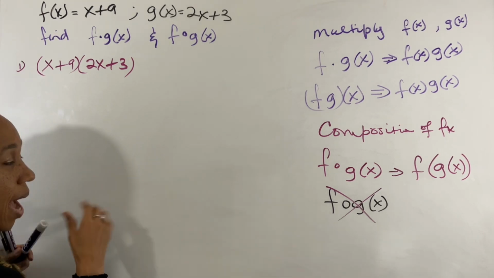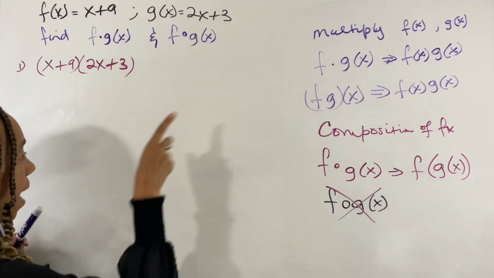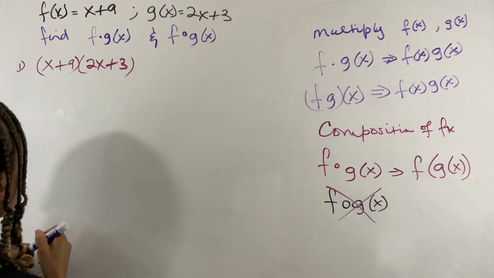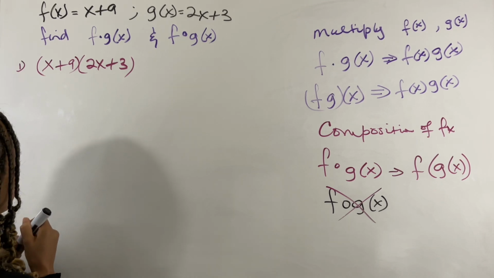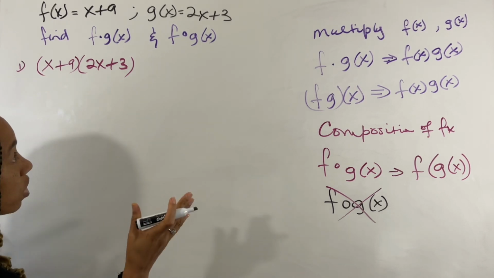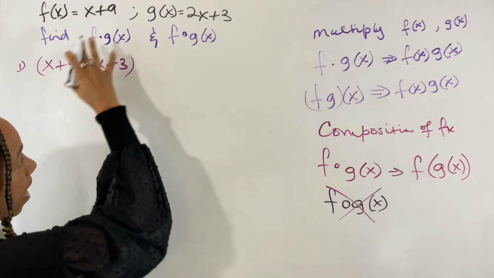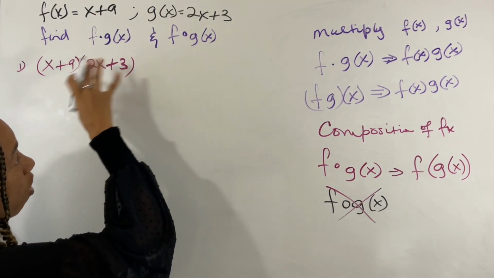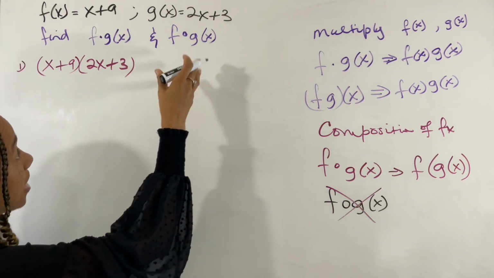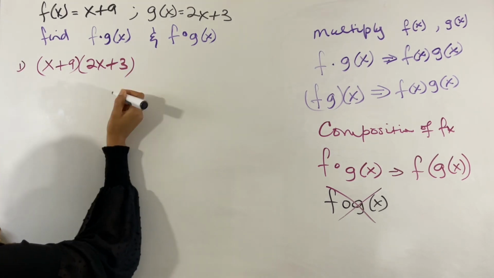If you don't remember how to multiply binomials, you can go back and watch my video on how to multiply binomials. In this case, it is two sets of binomials. There also may be a situation where you have a trinomial and a binomial that you need to multiply, or a trinomial and a monomial. So let's get into this.